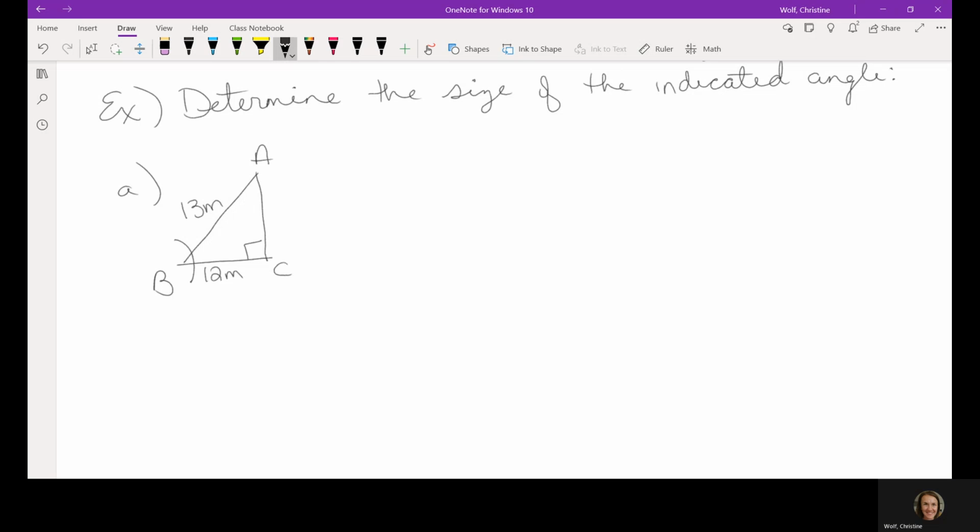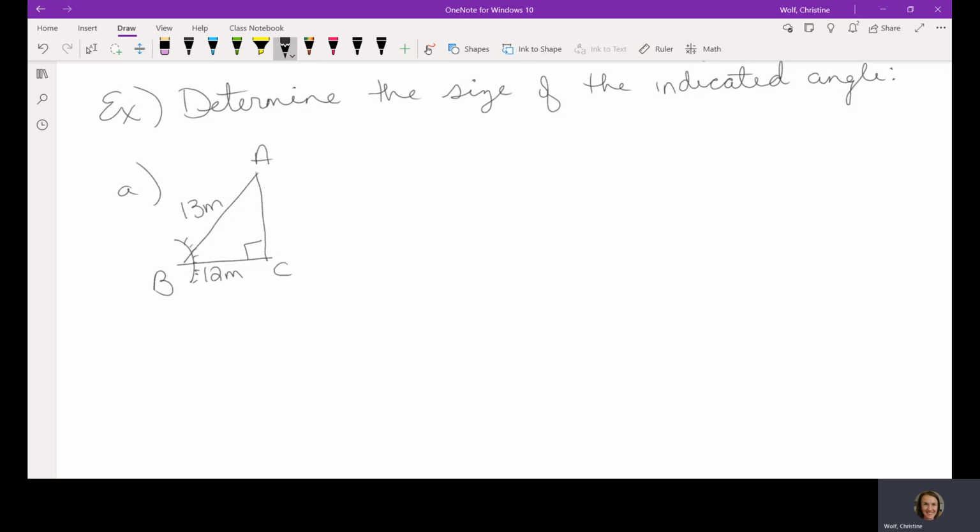So if I want to find the size of angle B, that's my eyeball. I'm not worrying about angle A right now, so my eyeball is at B. It's like I'm standing at B looking out. According to B, what two sides do I have?